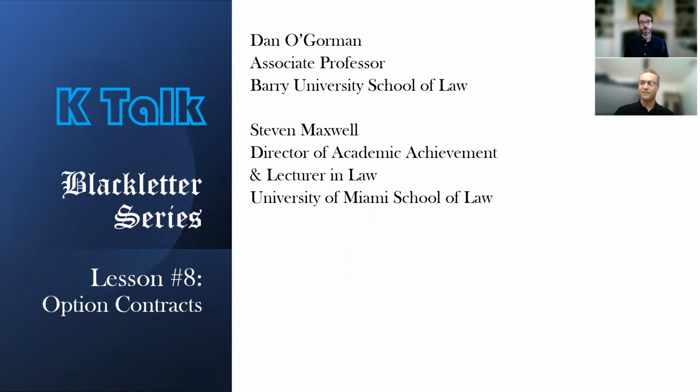So as you may recall from lesson number 7, things that will terminate the power of acceptance include offeror or offeree death or legal incapacity, revocation, rejection, counteroffer, lapse of time, non-occurrence of a condition. Here's the good news for the offeree.